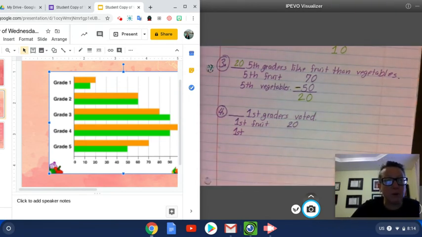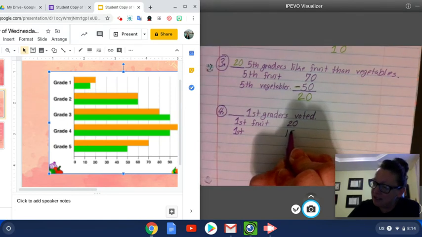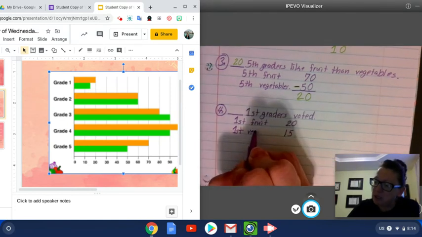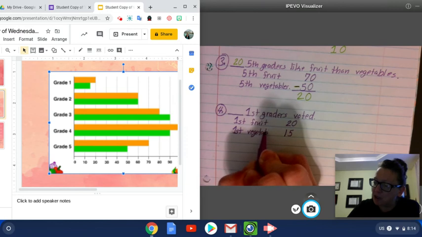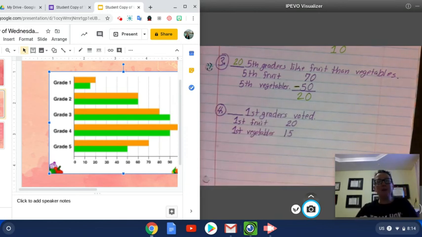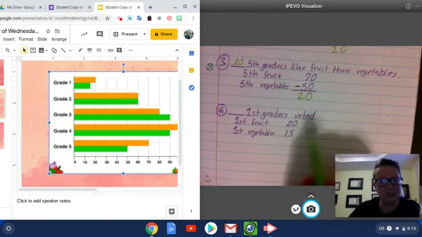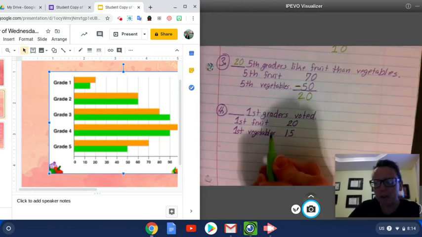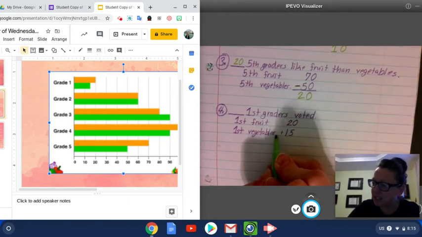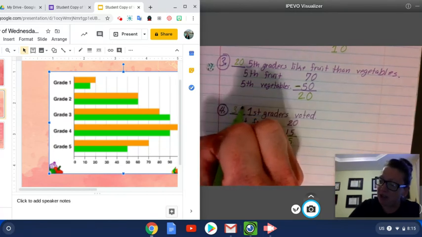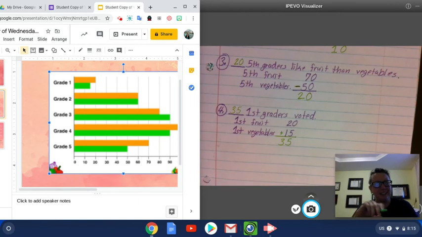So there were actually 15 students that like vegetables in first grade. Now, if I want to know how many total first graders voted, what operation do I need to use? Great job, addition. So 35 first graders voted.